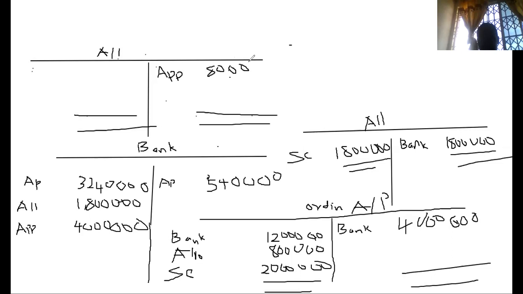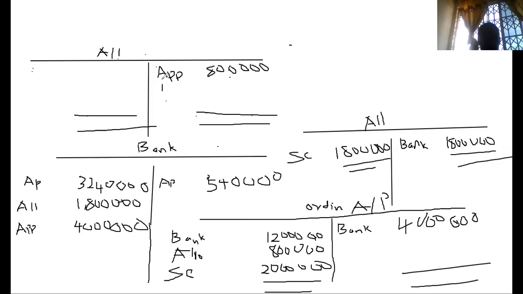And they are supposed to pay 240,000. So 240, that is 2,400,000 minus 800,000. Okay, so what will be paid in the bank will be 1,600,000.